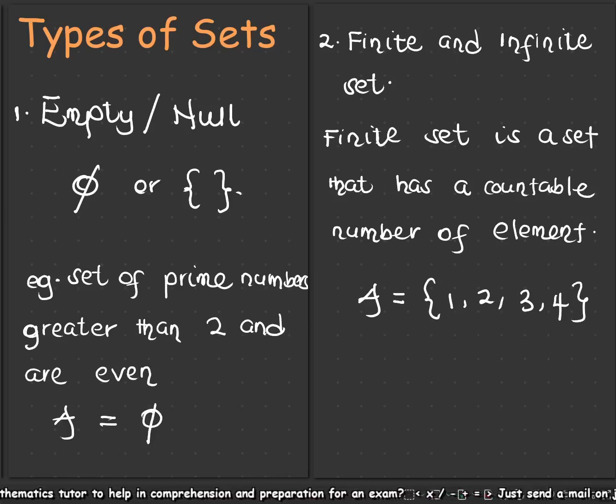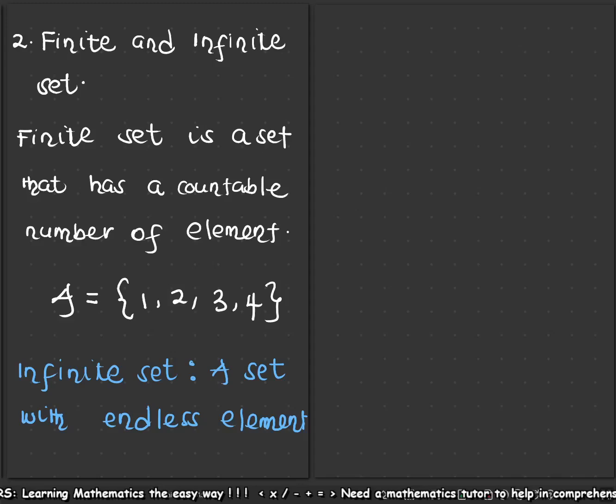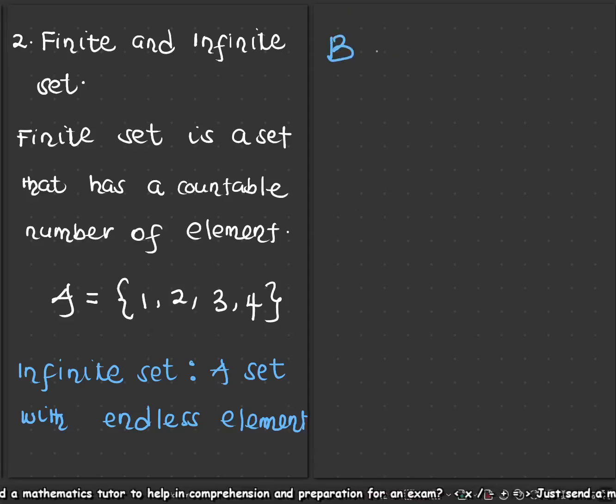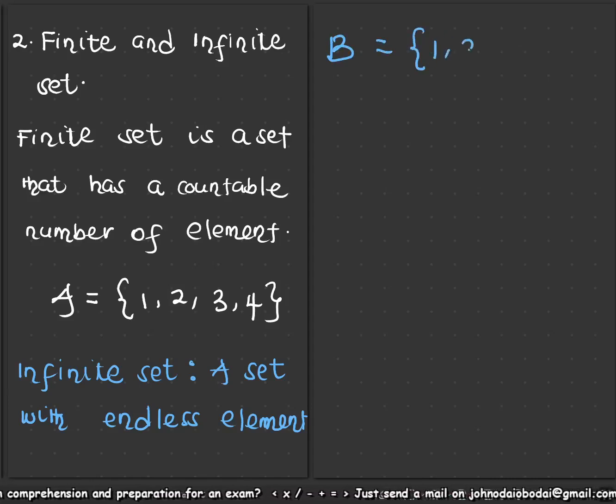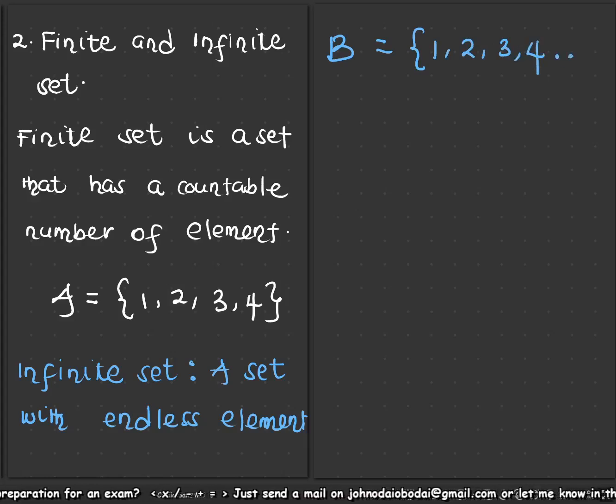But then an infinite set, on the other hand, is a set with endless elements. You see, there are so many elements in this set that you can't count. So for example, if I have set B, and I say set B is the set of counting numbers, 1, 2, 3, 4, it goes on and on because the counting numbers are so many.